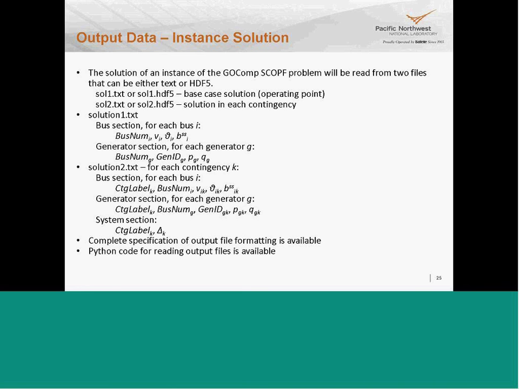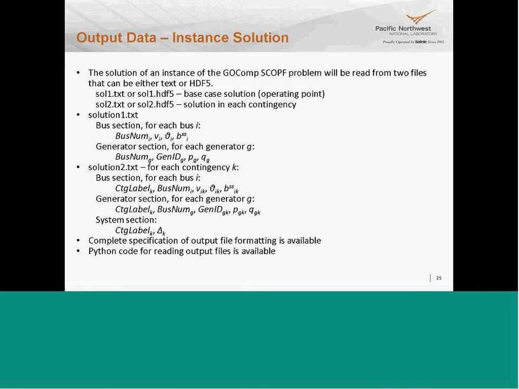For each contingency in solution 2, you'll need to provide a bus section, a generator section, and a section on the whole system. The bus section, similar to the base case, generator section, similar to the base case.